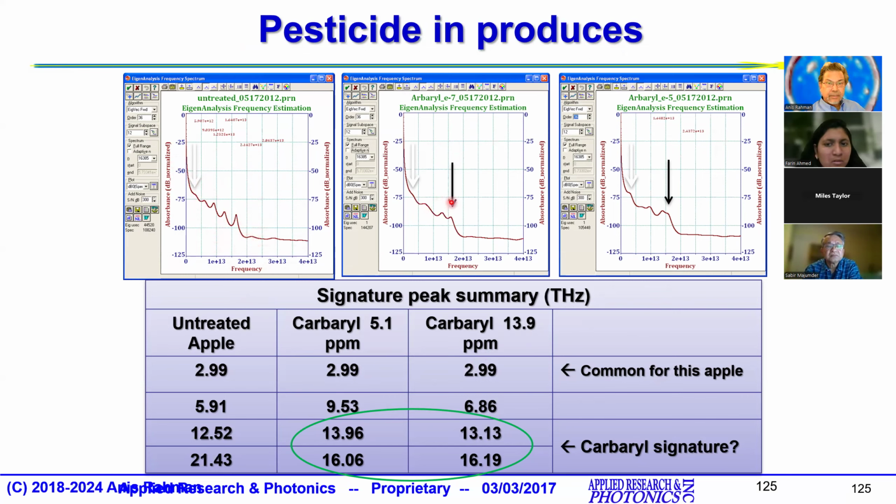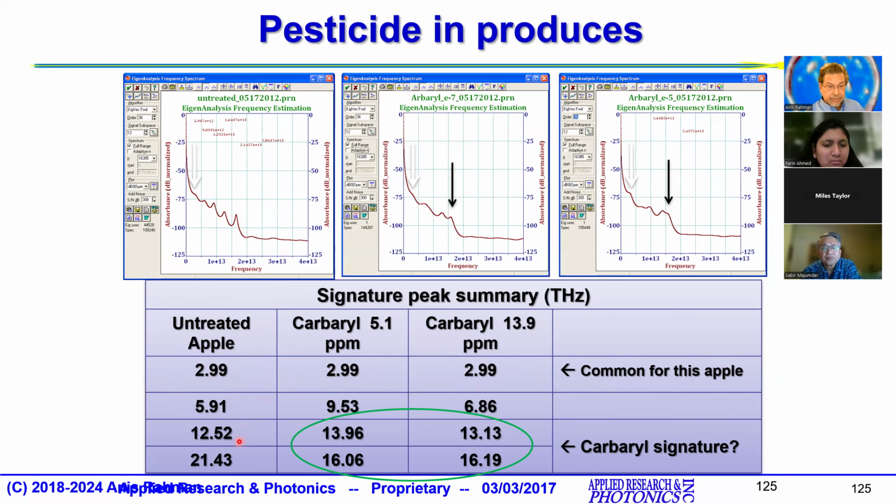Then the treated one with the small amount of carbaryl and then a little more amount of carbaryl. And you see, in this table we're showing that the untreated apple has a discernible peak at 2.99 terahertz. When you add carbaryl to it, you still get those peaks because the apple is still apple.